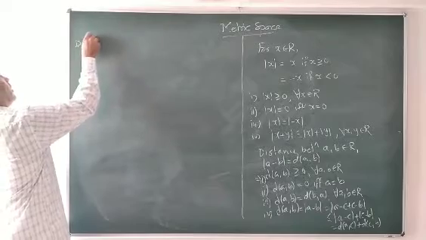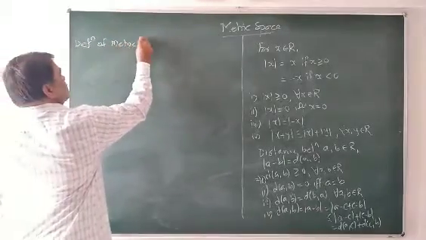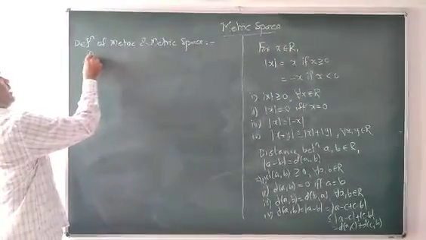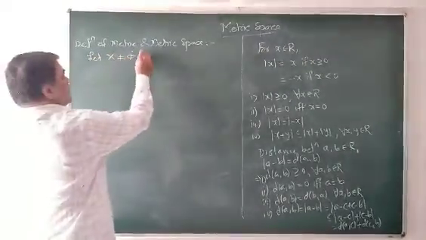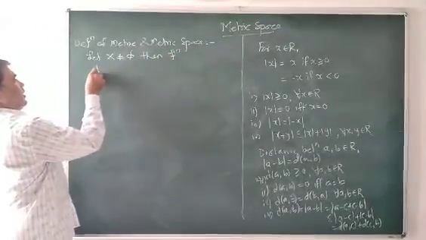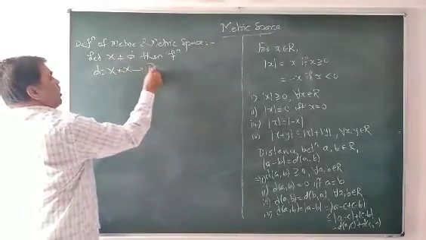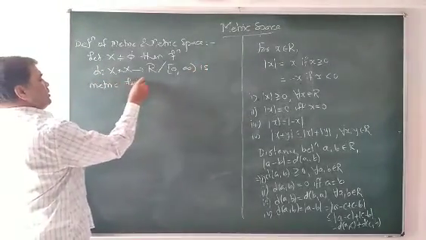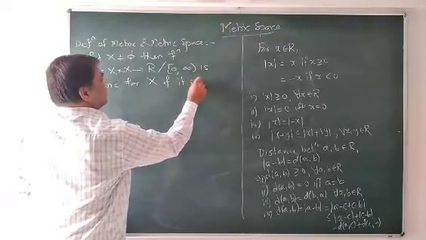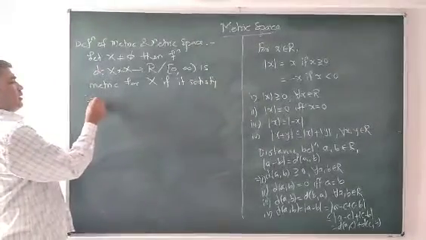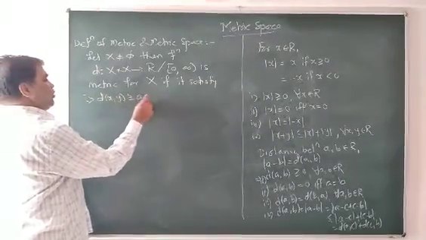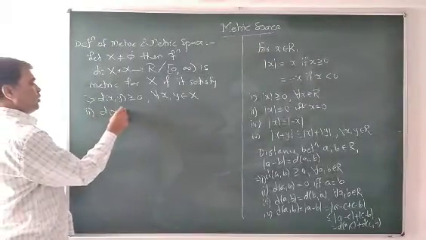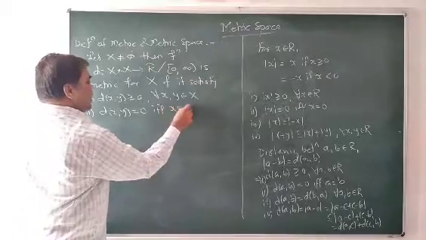So, definition of metric and metric space. Let X be a non-empty set, then function d from X cross X to R, or closed-open interval 0 to infinity, is a metric for X if it satisfies: first, d of xy greater or equal 0 for any two elements in X. Second, d of xy is equal to 0 if and only if x is equal to y.